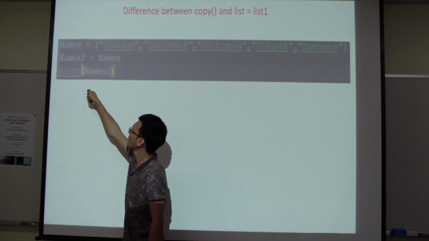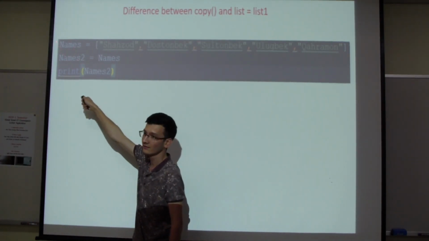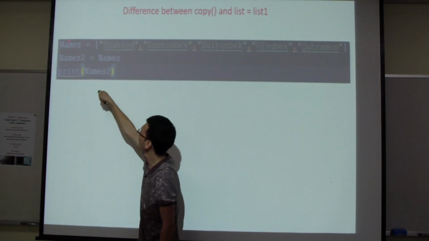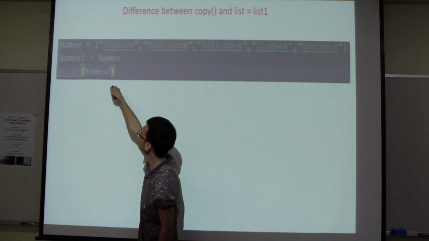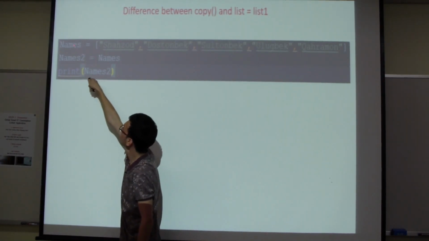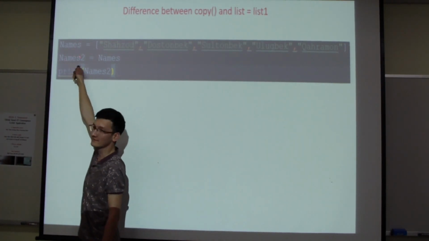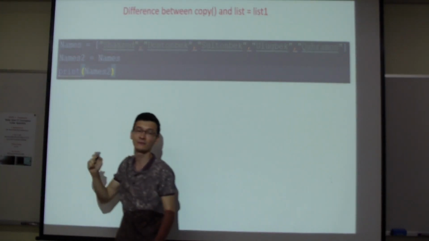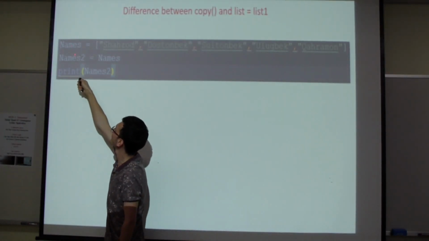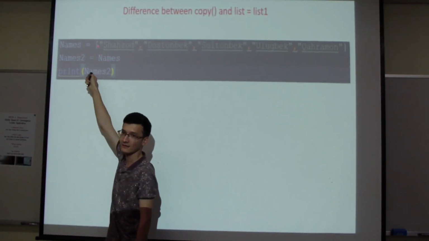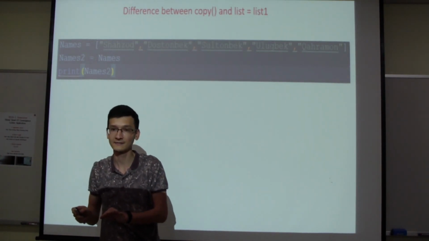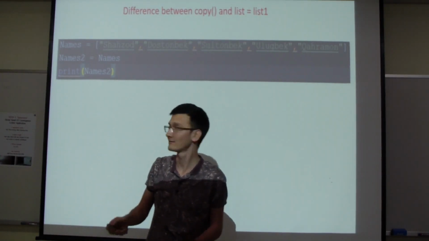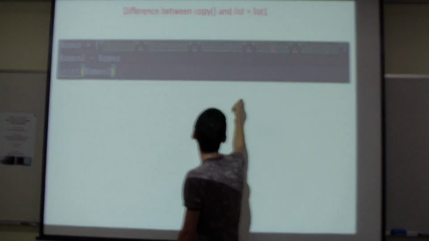Now we created one variable and this variable takes the values of this list. Now it also becomes a list. Now we have the same list. Both of them have the same values: Shahzad, Dostanbek, Sultanbek, Ulubek, Kahraman.